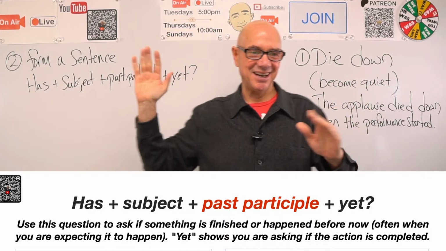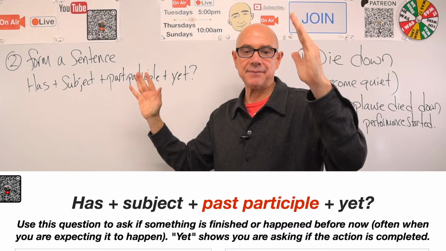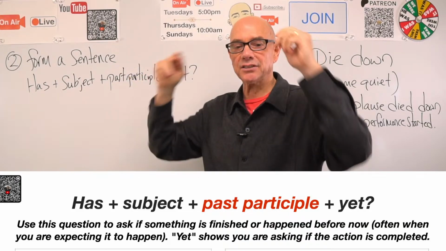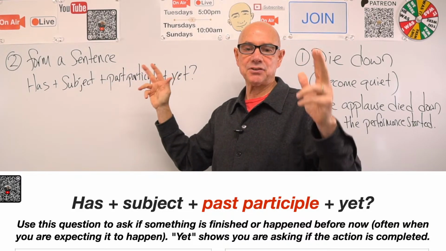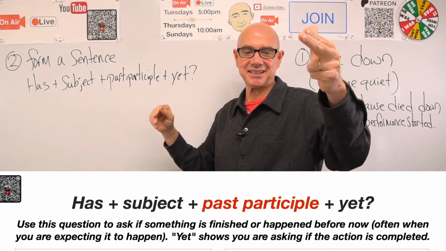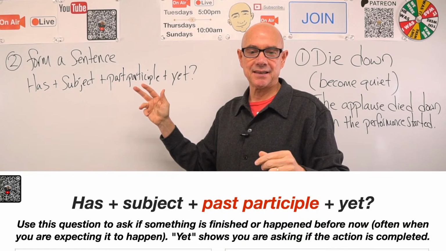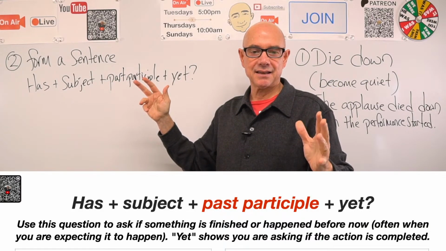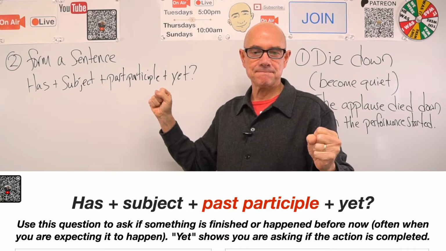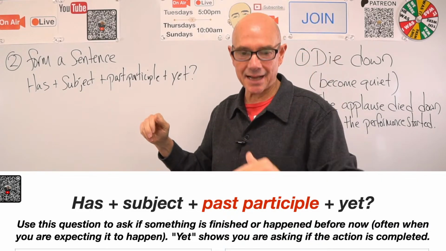Okay, now we're on our form of sentence. Iman, has the game finished yet? Good sentence. Helga, has he walked the dog yet? Good sentence. Have you completed dinner yet? Good sentence. You guys, those are nice sentences. Has your friend arrived yet? Good. Okay, Iman, has she found the car yet?